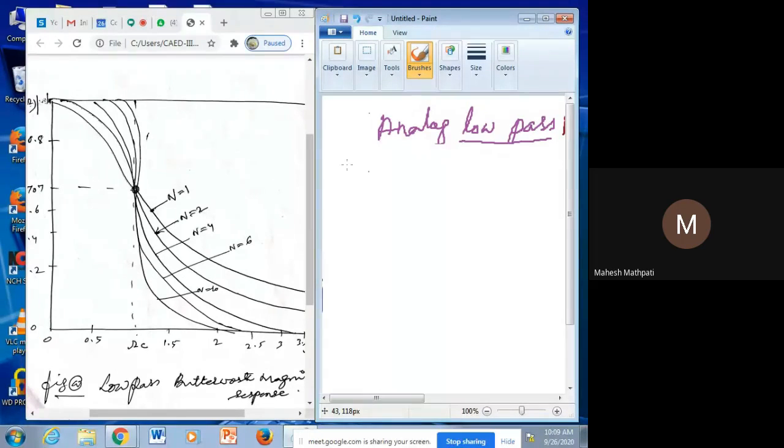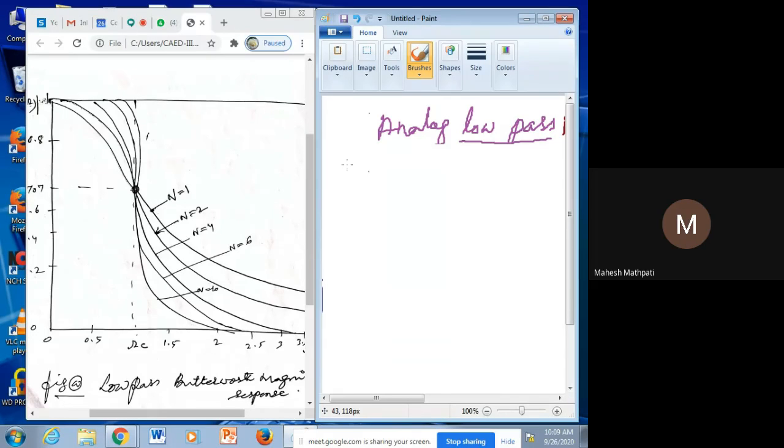And it is also called maximally flat response. This maximally flat response is the other name of the Butterworth filter.